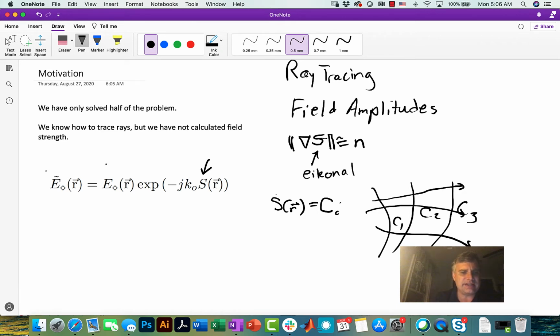Now, we haven't said anything about the amplitude here, and that's as much a part of the solution as the physical tracing of the waves. So we are going to have to go back now and figure out how to calculate this from classical geometrical optics. And that's really the theme of the lecture for today.